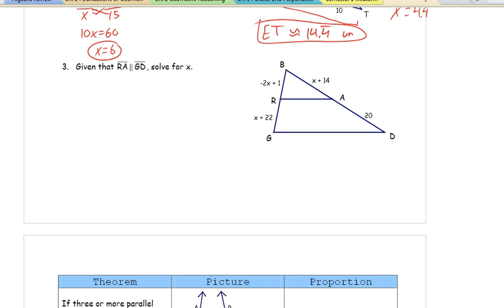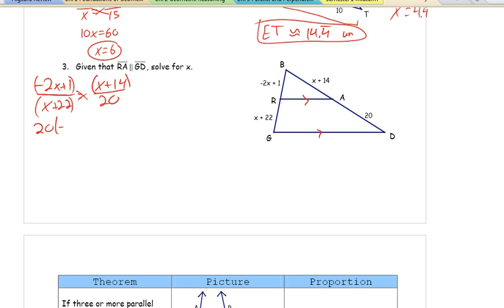Okay. Looking at a little bit tougher example with some factoring that we'll have to do. Given that RA is parallel to GD, so that has to be one of the pieces that we know, solve for x. So we can use side splitter now. So we're going to pretty much write it as we see it. Negative 2x plus 1 over x plus 22 equals x plus 14 over 20. Get your parentheses around all your binomials. There's a lot of them. Cross multiply.